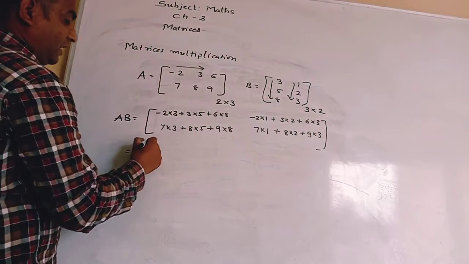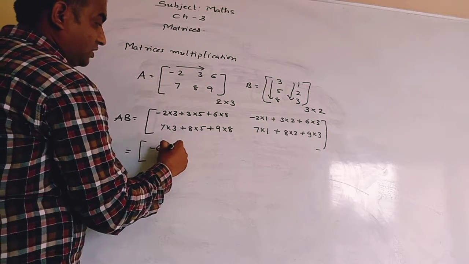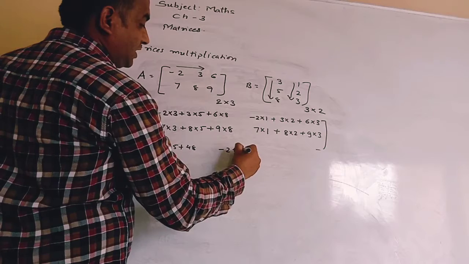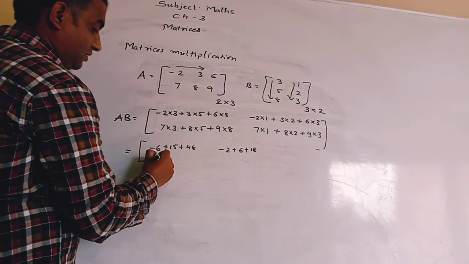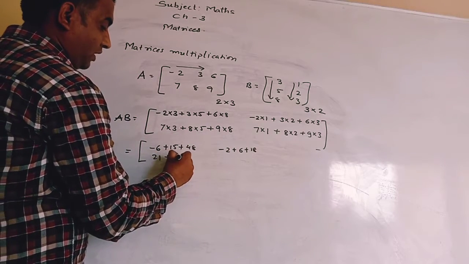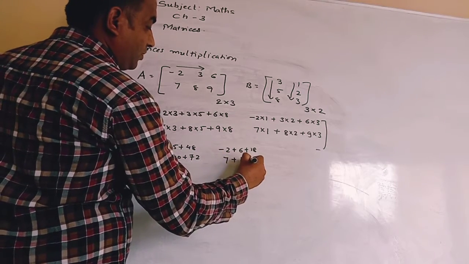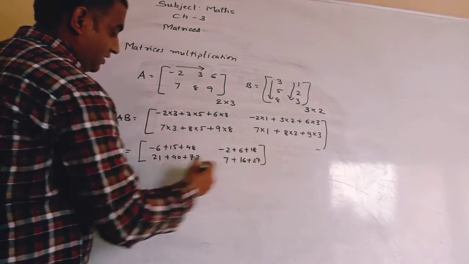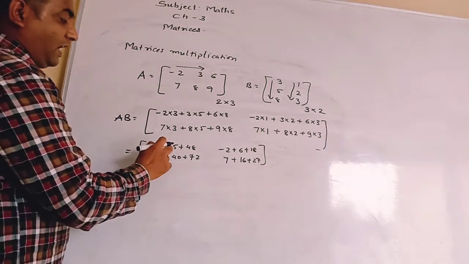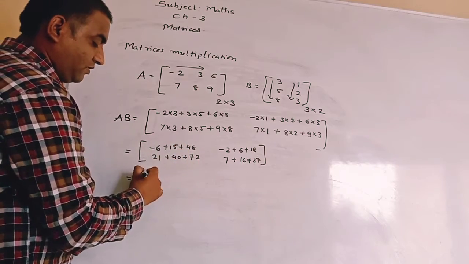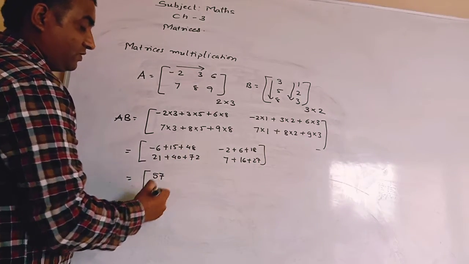And so we can write here -6 plus 15 plus 48, -2 plus 6 plus 18, 21 plus 40 plus 72, 7 plus 16 plus 27. And so here we add them. Then 15 minus 6 is 9 and 48 plus 9 is 57.